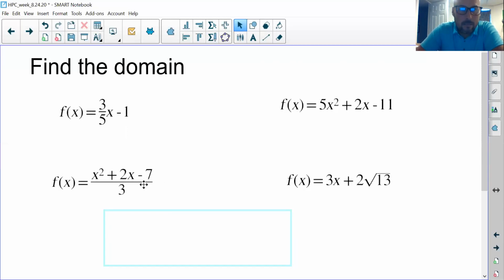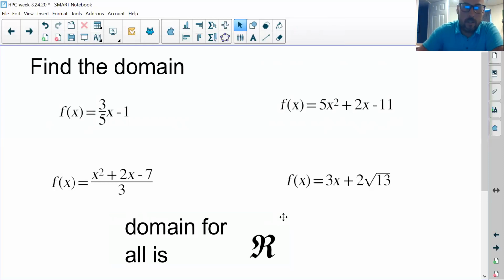And this is a parabola with an a value of 1/3, a b value of 2/3, and a y-intercept of -7/3. So I got 2 parabolas and 2 lines. Very simply, the domain for all of them is all real numbers. Quadratics go left and right forever, and so do linear functions.